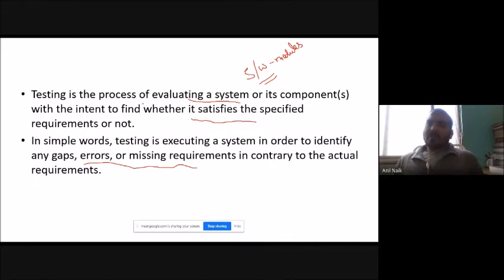So we need to check whether the particular application supports all the devices. Is there any requirement missing in the application? So we have to compare this with the actual requirements.